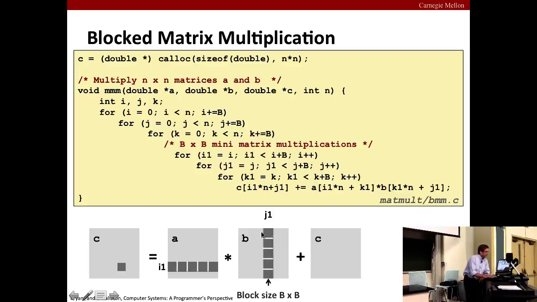So we're taking this subblock times this subblock, plus the second subblock of A times the second subblock of B, plus the third subblock of A times the third subblock of B, and so on. So we're doing the same inner product operation, but instead of on scalars, we're doing it with these tiny matrices.